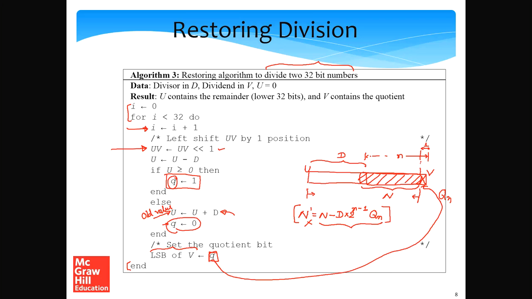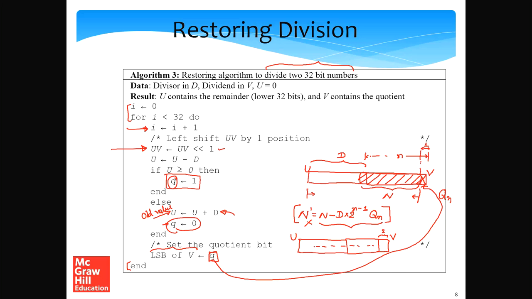So now let's consider the next iteration, right? So this is the first iteration. If I consider the next iteration, the situation will be very, very similar. I'm just drawing a smaller version of the U and V registers. We will start our dividend from a newer position, and there will be 2 bits here instead of 1 bit.